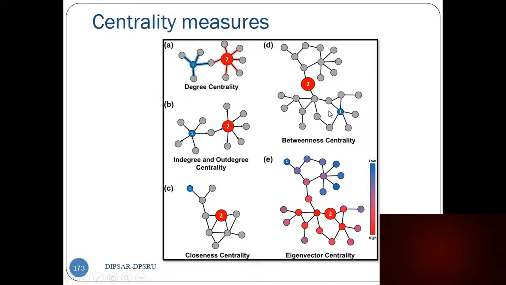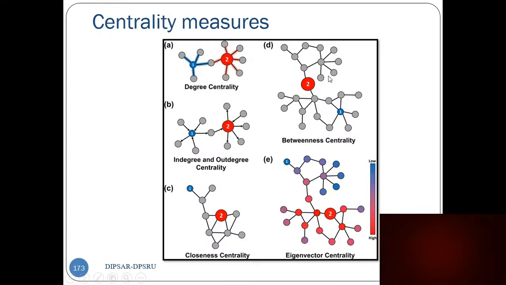But other nodes in this network have many more degrees, like this one has 1 2 3 4 5 6 degrees, right? In another network, 1 2 3, and here 1 2 3 4 5 6 7, like that. So now for betweenness centrality, even though this second node has only two degrees, maybe this node is important for me.